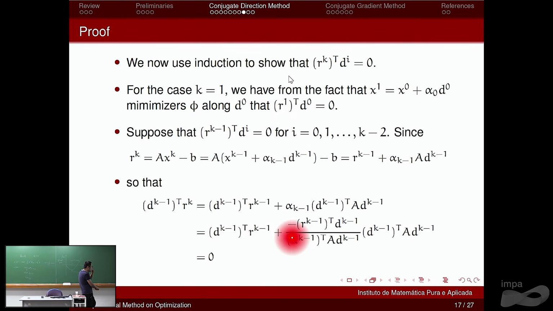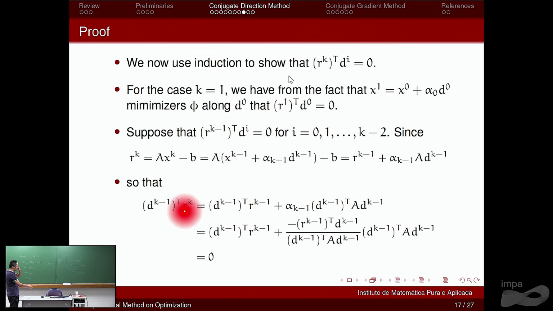Then we keep the first term the same, and we use the definition of alpha k minus 1, which comes from the exact length search for a convex quadratic. We substitute alpha k minus 1 by the formula of the exact length search. So we get the second equality, and this equals 0.